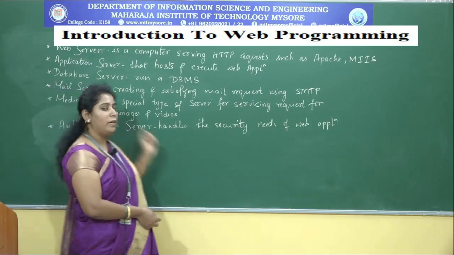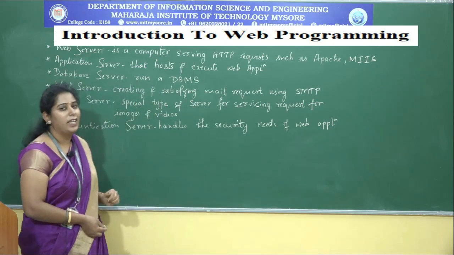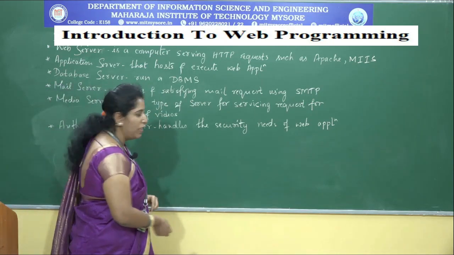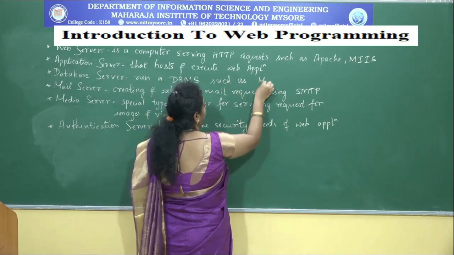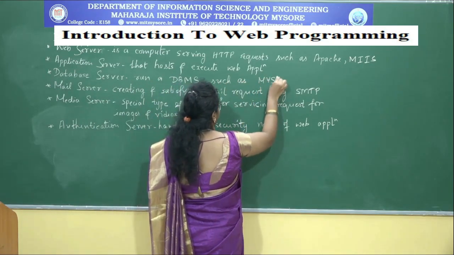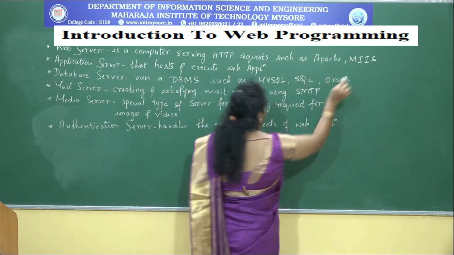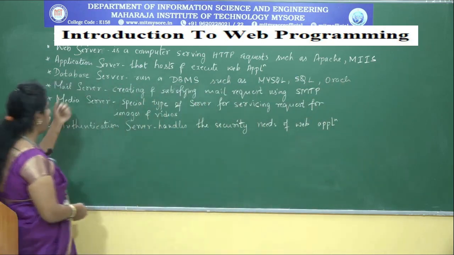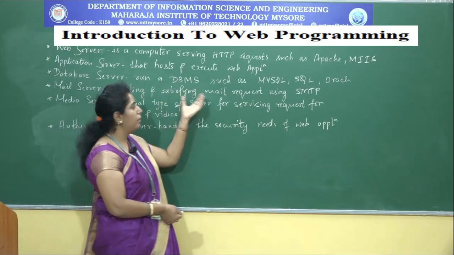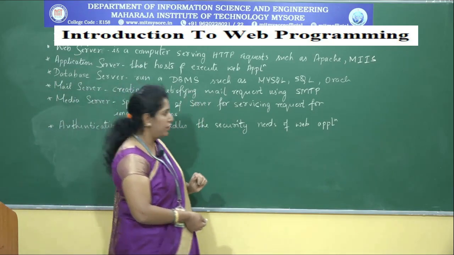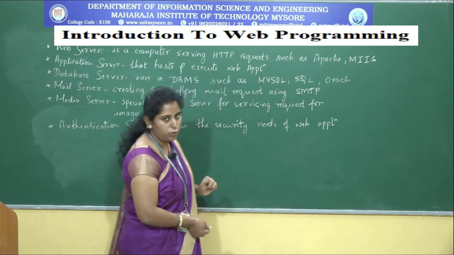This database server is devoted to running a DBMS, that is, a database management system, such as MySQL, SQL Server and Oracle. Next is the mail server, which is used for creating and satisfying mail requests using SMTP. SMTP stands for Simple Mail Transfer Protocol.